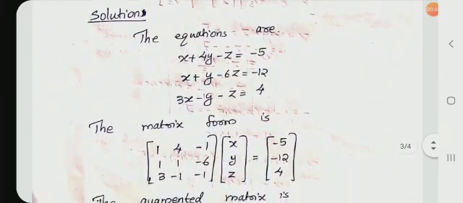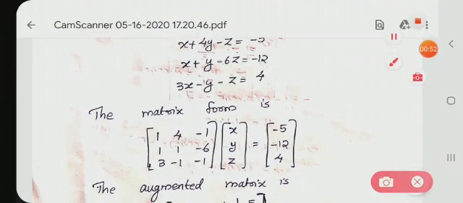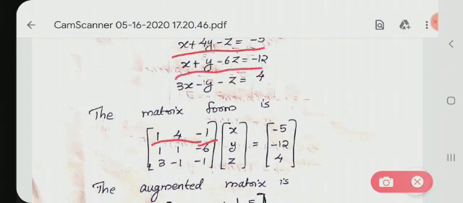The matrix form of the system is: the first row of the matrix is the coefficients of the first equation, 1, 4, minus 1. The second row is the coefficients of the second equation, 1, 1, minus 6. The third row is the coefficients of the third equation, 3, minus 1, minus 1, into x, y, z is equal to minus 5, minus 12, 4 on the right side.